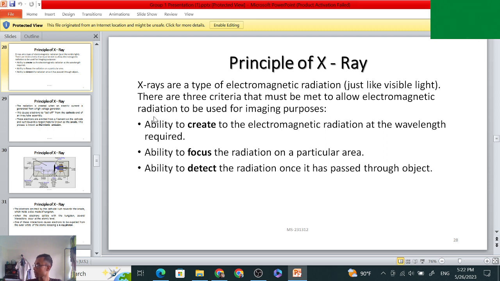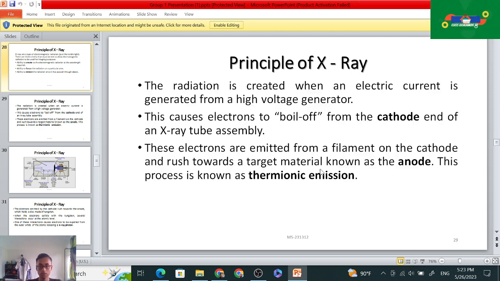create the electromagnetic radiation at the wavelength required, and ability to focus the radiation on a particular area, and ability to detect the radiation once it has passed through the object.